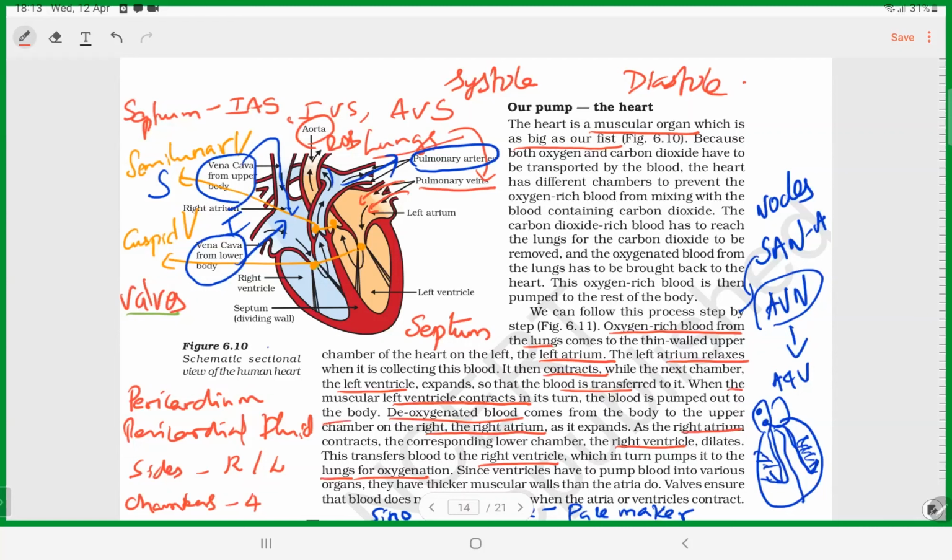Okay? From the left ventricle, blood is pumped to all parts of the body. From the right ventricle, blood is pumped to the lungs.